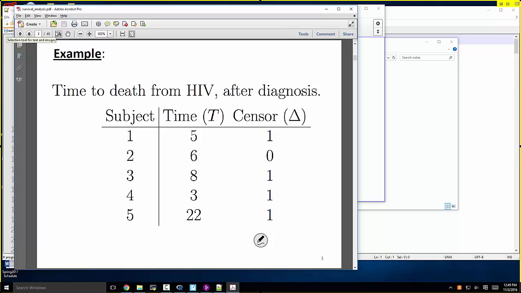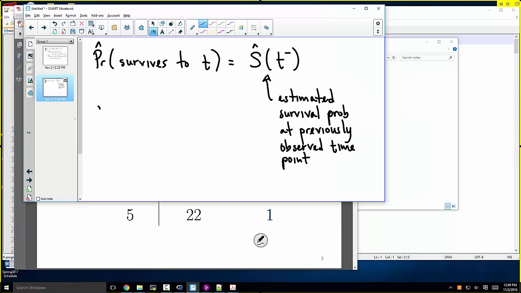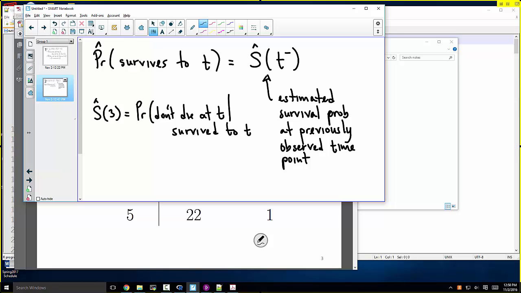Nobody died, nobody was observed before time 3. So the survival probability at the previous time point, initially here at time 3, is equal to 1.0. The survival estimate at time 3 is the probability that they don't die at t, given that they survived to t, times 1.0.